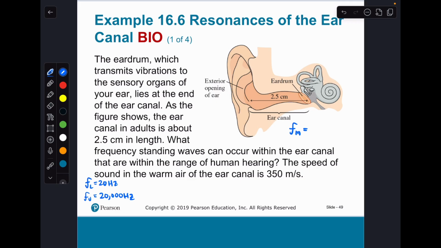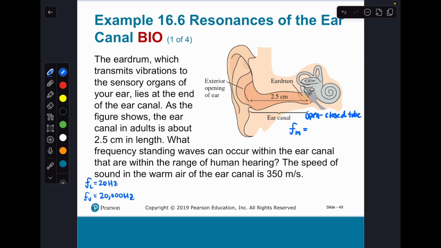So our equation, right? Our fundamental frequency and modes, harmonics of frequency, it's going to depend on what kind of tube this is. And so the eardrum is a boundary. And obviously the exterior opening of the ear is open. So this is going to be an open-closed tube.